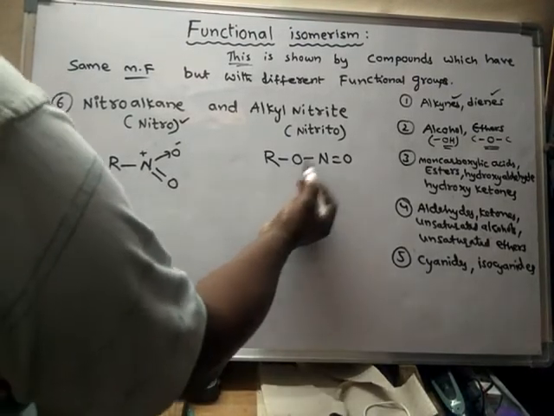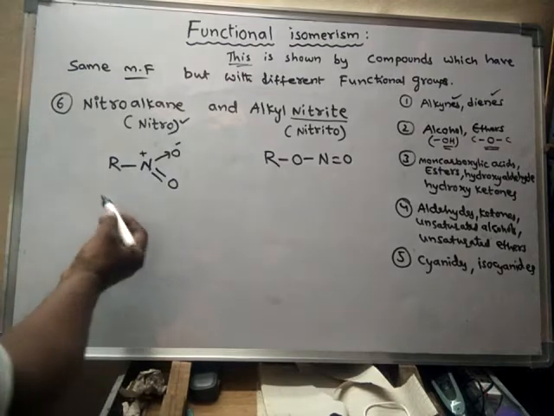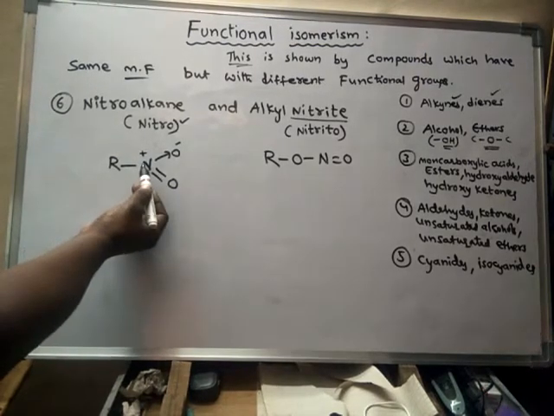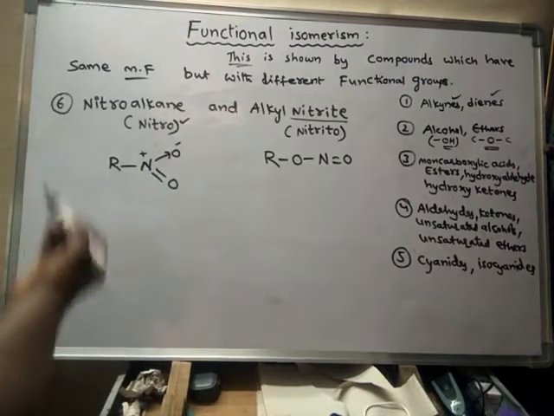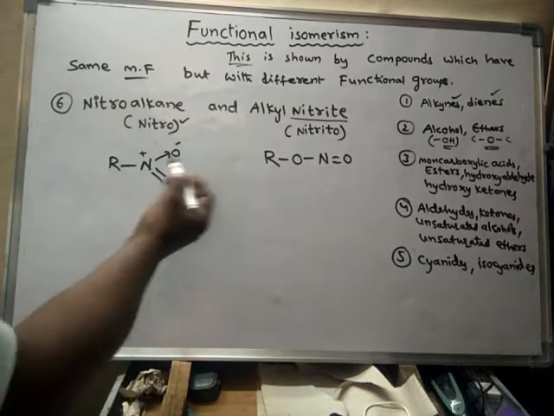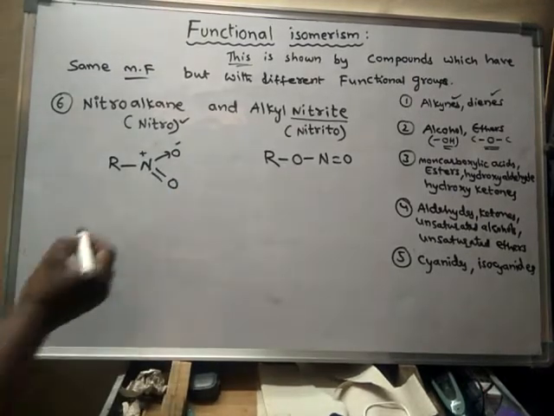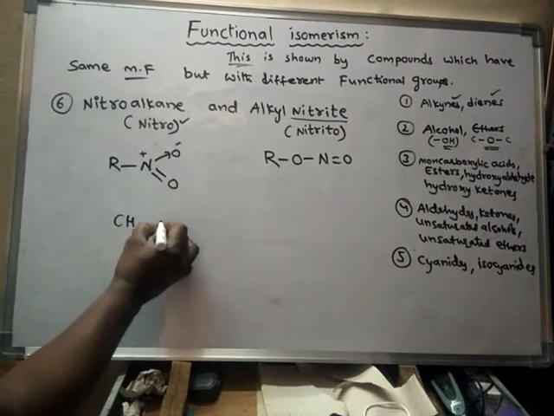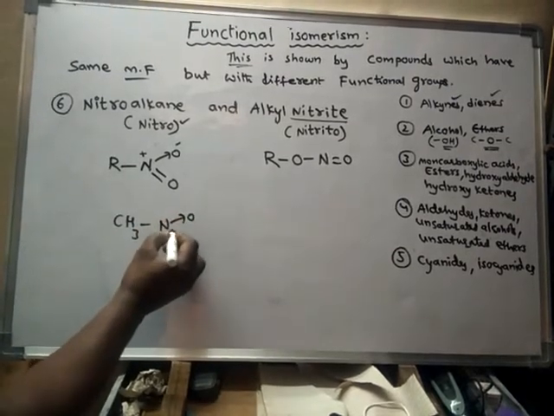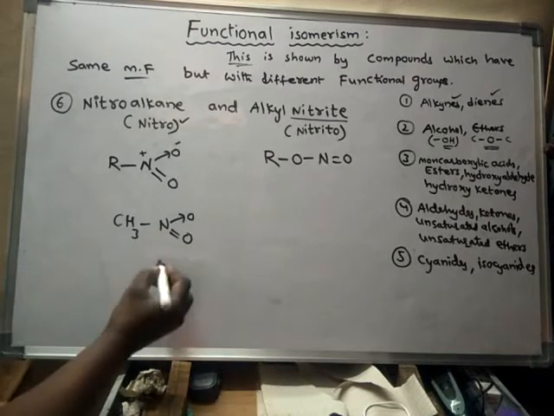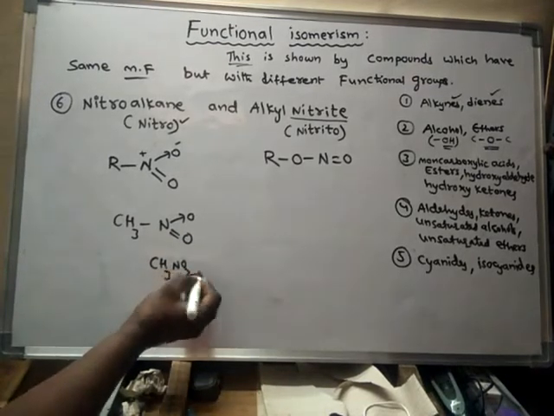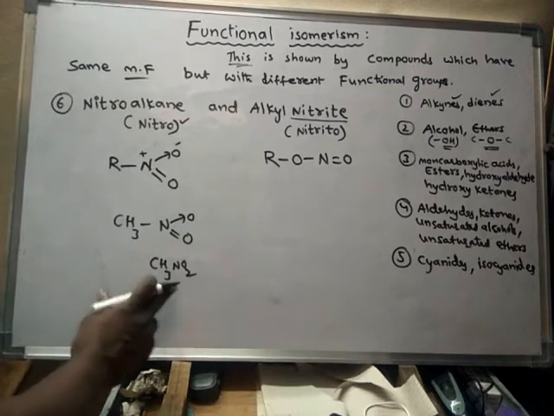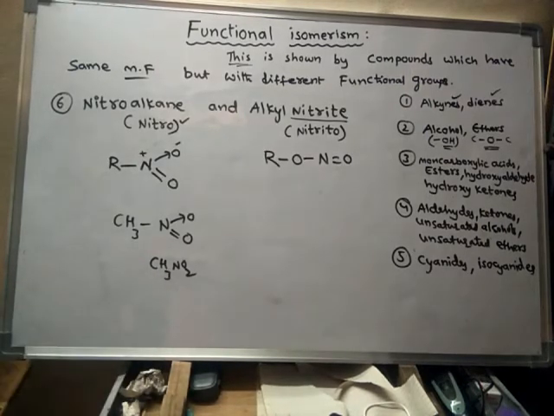Both have one nitrogen and two oxygens, but the connectivity is different. Alkyl group is attached to oxygen here, and to nitrogen there. Hence it is said to be nitrite. If the alkyl group is directly attached to the nitrogen of the nitro group, then it is a nitroalkane. Both have the same molecular formula. For example, CH3NO2 is nitromethane, and CH3ONO is methyl nitrite.